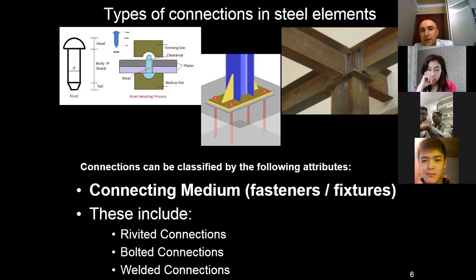What does it mean? It means that we need to pay really high attention to how the connection will be done. We need to apply the right type of connection, and we need the right understanding about choosing the type of connection.